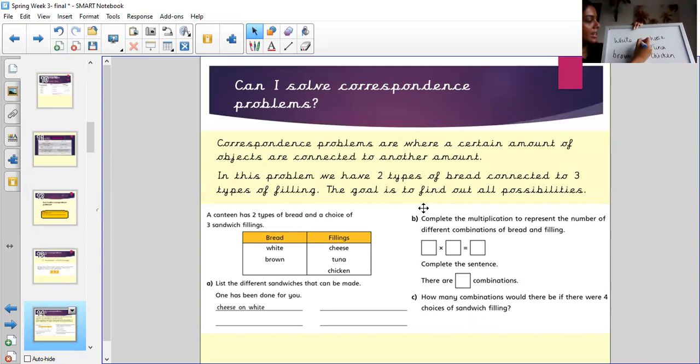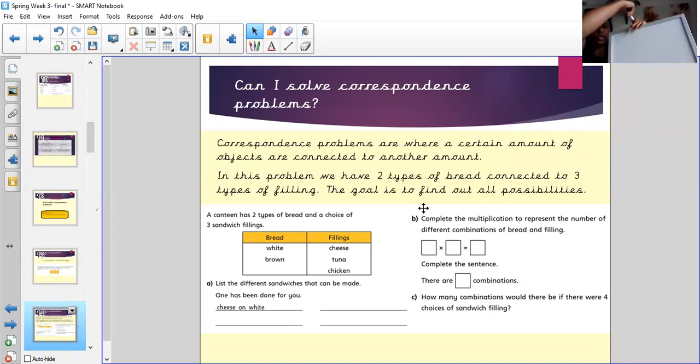So white bread, I could have cheese and white bread. I could have tuna and white bread, or I could have chicken and white bread. And then if I wanted brown bread, I could have brown bread with cheese, tuna, or chicken. So you could write any of these down on your piece of paper. So it says underneath there, complete the multiplication to represent the number of different combinations of bread fillings. So how many breads do we actually have?